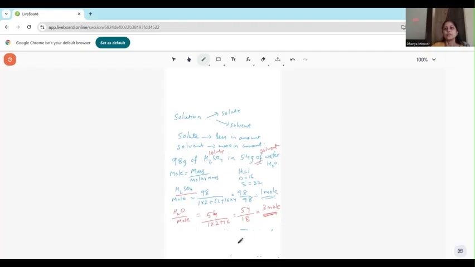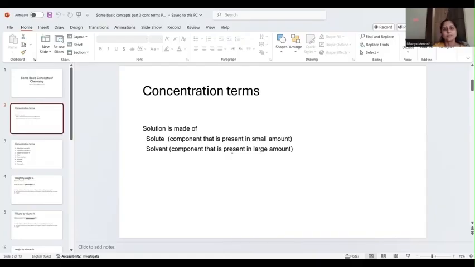So moving on further, what are the concentration terms we will learn today? Let's share the screen. Solute and solvent are the ingredients in a solution, and I already told you how to determine which is the solute and which is the solvent, right?